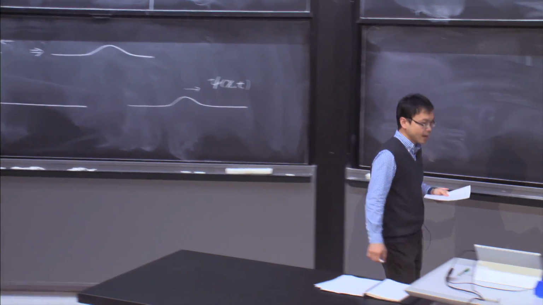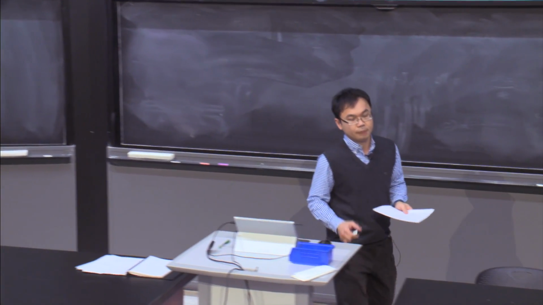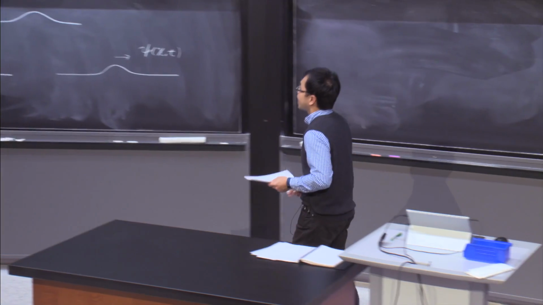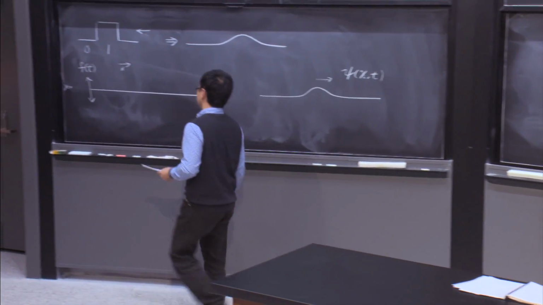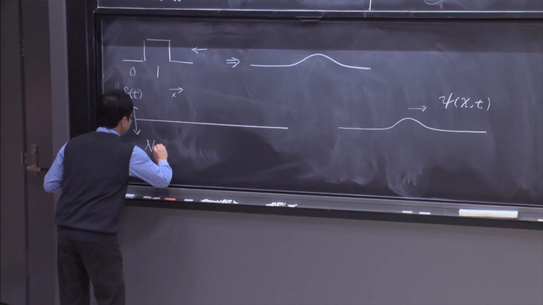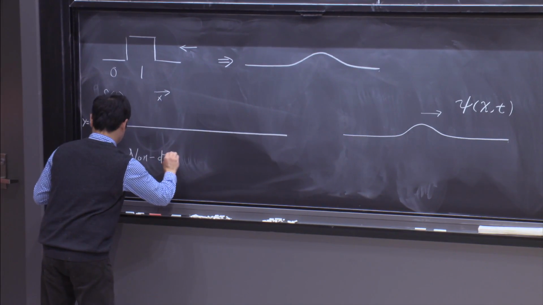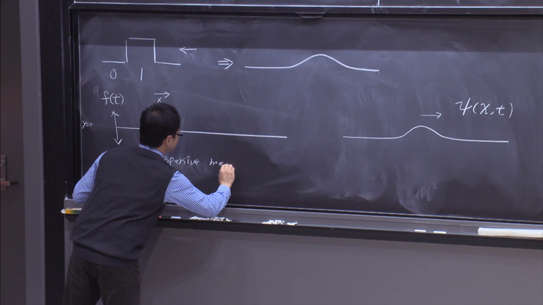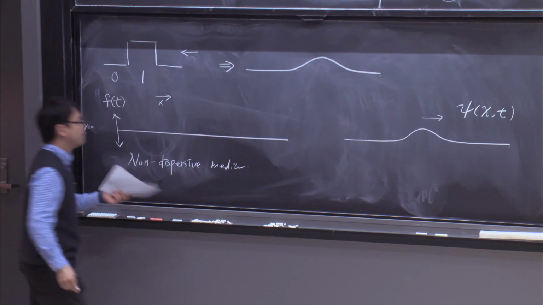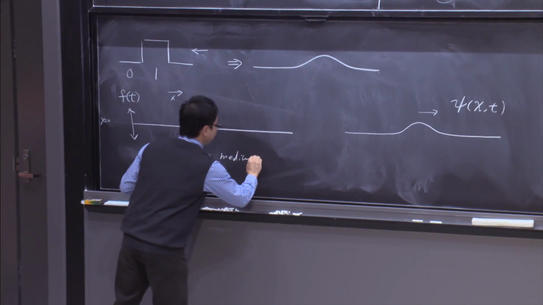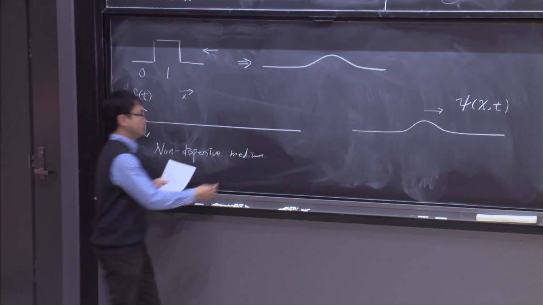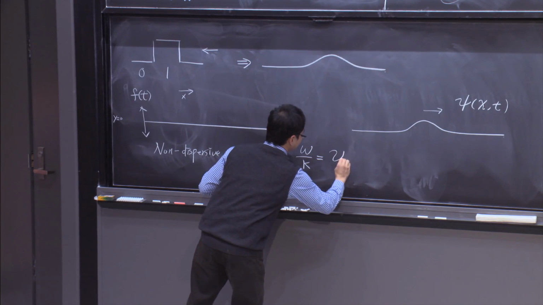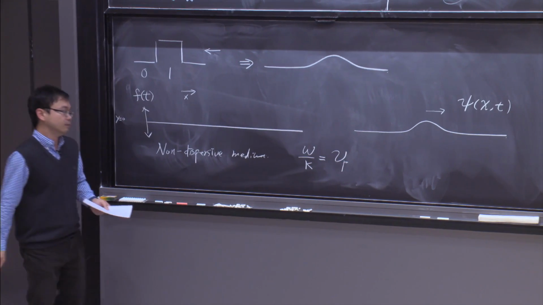What we have learned before we introduced dispersive media is that if I have a non-dispersive medium, then things are really simple, because omega over k is a constant, which is the phase velocity Vp.